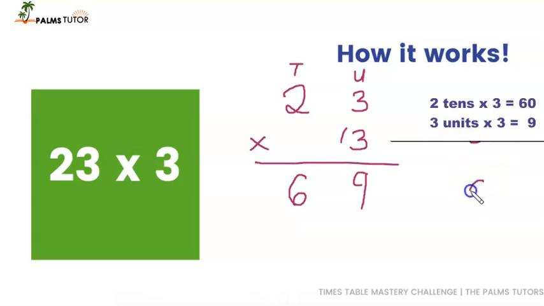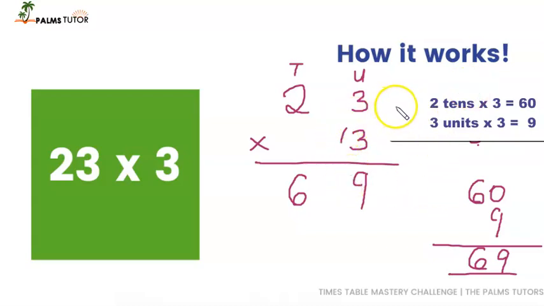Is that not so? 6 tens is 60. And 3 units times 3 is 9. You see? Putting these together, that's when we have 69. This is how this thing works. So even if we have 6 digits, we are only multiplying each of these digits in each place by the multiplier. Okay? And that's how this works.